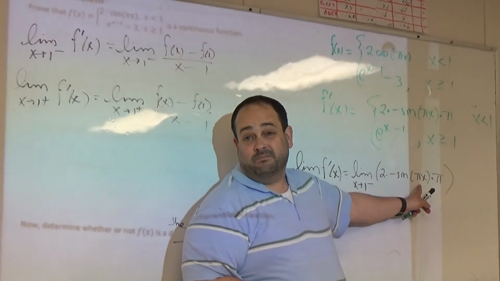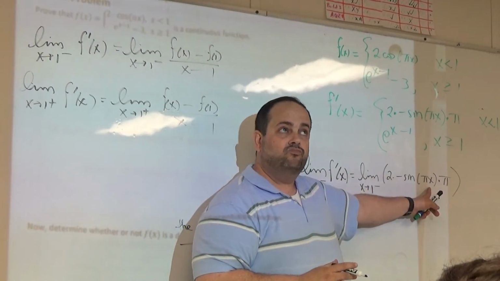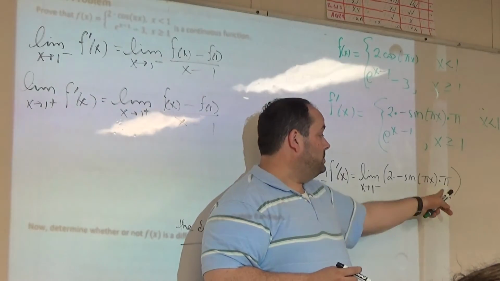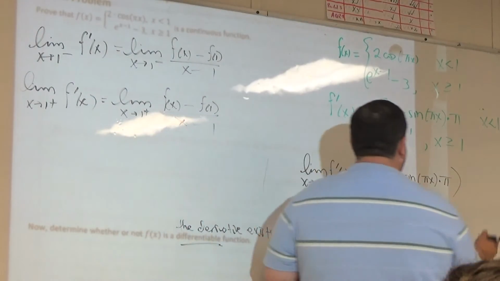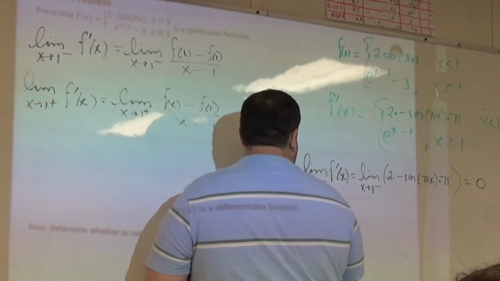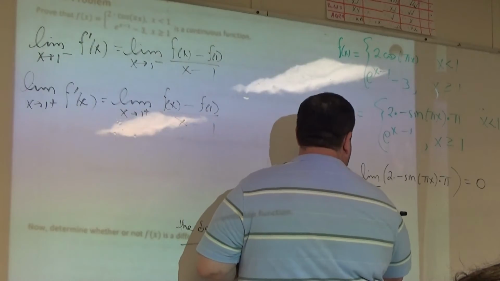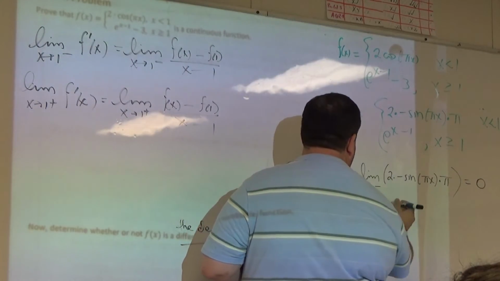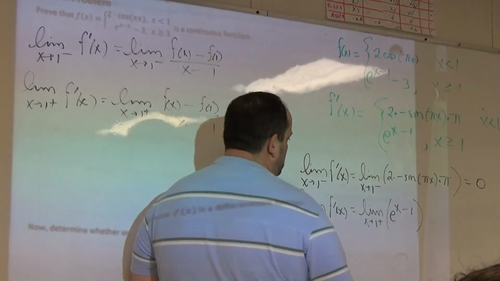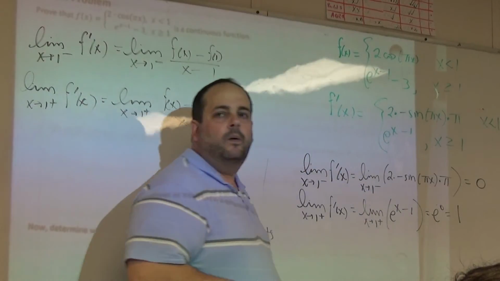We've got sine of pi, which is 0. Times 2 times pi, 0. We got 0. Find that limit as x approaches 1 from the right of f prime. That's the limit of e to the x minus 1. You get e to the 0, which is 1.